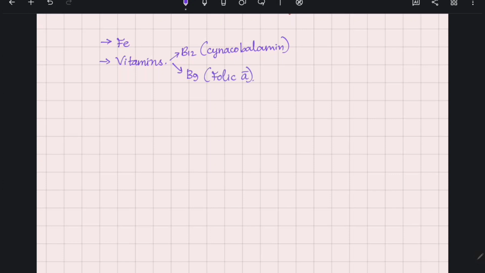Okay, right? And there is a very important hormone which is EPO. It is majorly produced in the kidney. Okay, wait a minute. What is EPO? EPO is erythropoietin.